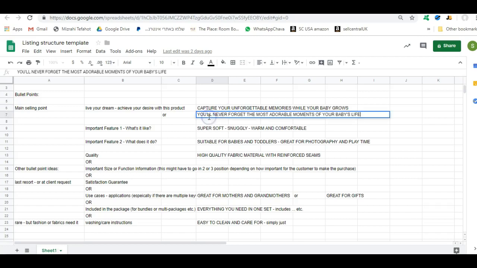But you'll never forget the most adorable moments of your baby's life. That is the result. That's what the people want. Why are they buying this type of milestone blanket? They want to take pictures of their baby, and they want to have these pictures as memorabilia, and to be able to look back and really cherish those moments.